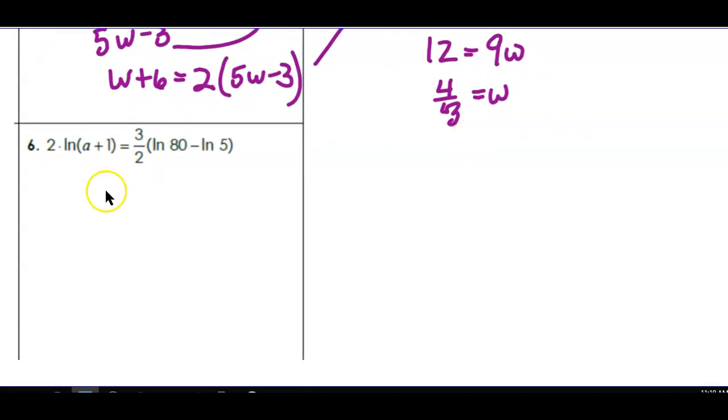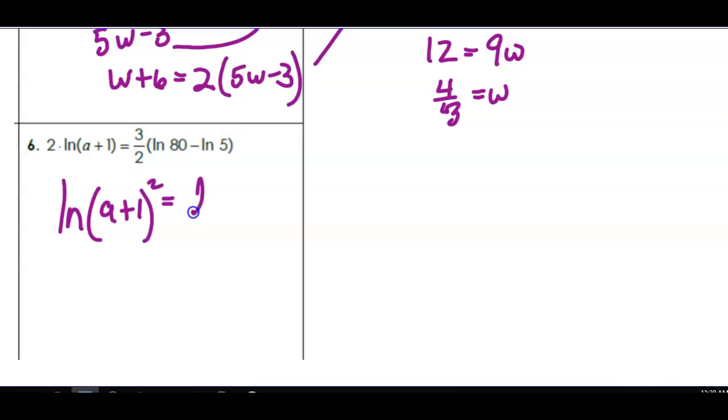All right, so this is a hot mess, but if I rewrote this, I'd have the natural log of a plus 1 quantity squared equals. This is cubing and square rooting, and this is divide.